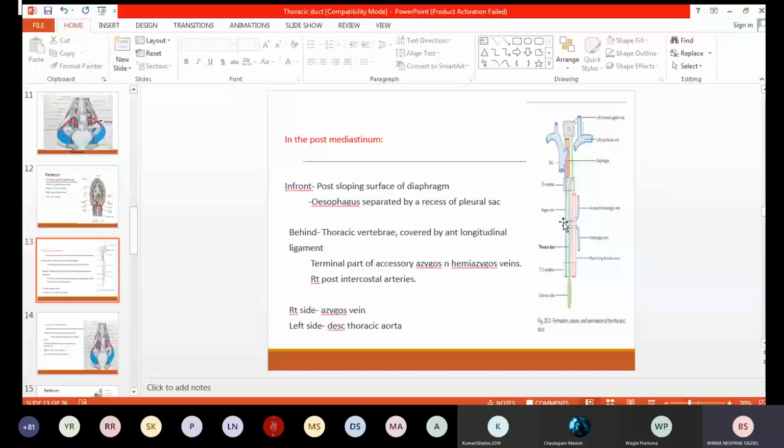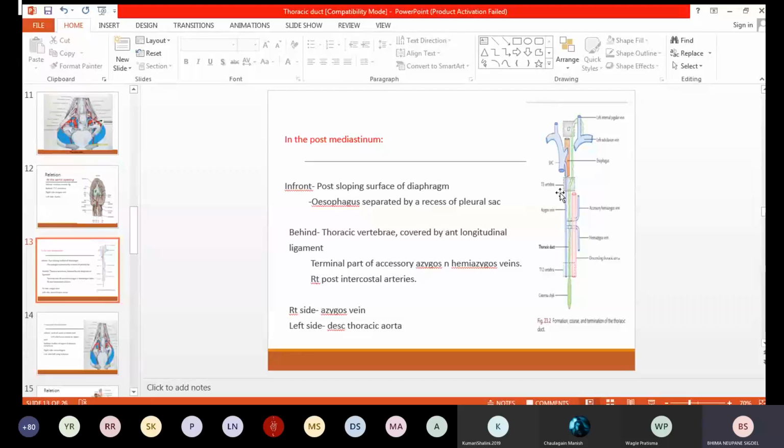That means posteriorly to the thoracic duct is the hemiazygous vein, and superiorly the accessory hemiazygous vein is also posteriorly related to the thoracic duct in the posterior mediastinum. And the right posterior intercostal arteries, which are branches of the descending thoracic aorta. So posteriorly related are the hemiazygous and accessory azygous veins, and the thoracic vertebrae.